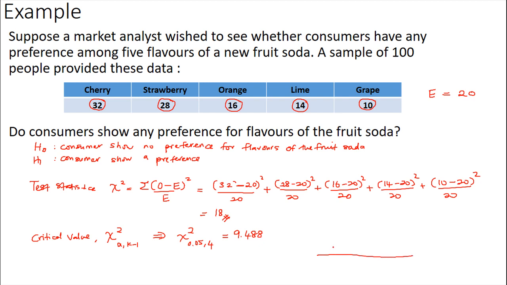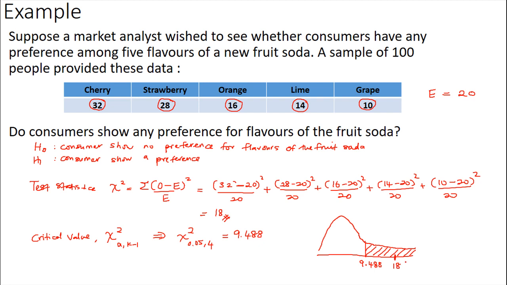From the graph, the chi-square distribution is skewed to the right. This is the critical value, 9.488, and this is the critical region. We will reject H naught if the test statistic is in this region. Now the test statistic is 18, so 18 is somewhere here.